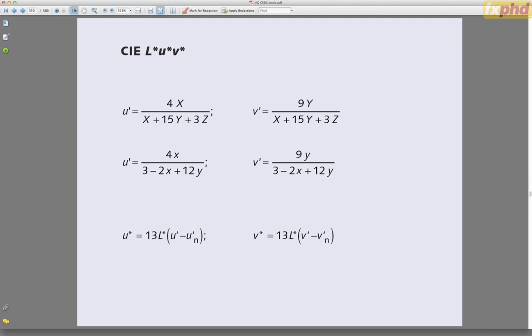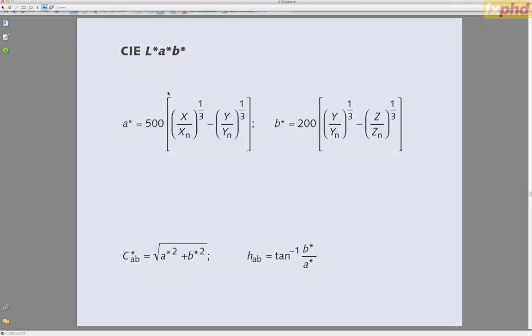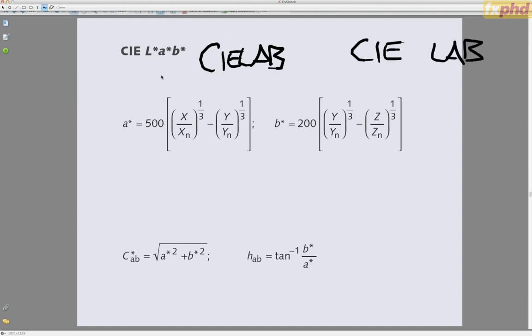So you can have various transforms, and we just picked the one that's got the vanishing point that we like. Now, the better system is L star, A star, B star, also known as CIE Lab, as I mentioned a moment ago. So you can jam that together, or you can separate it. It just depends on style. All of those mean the same thing.